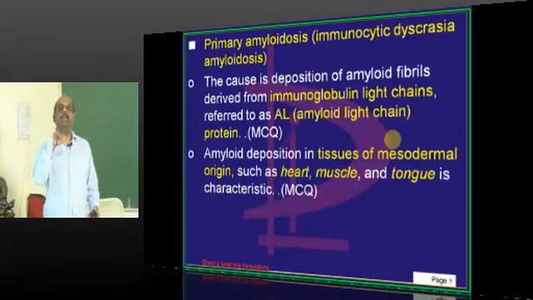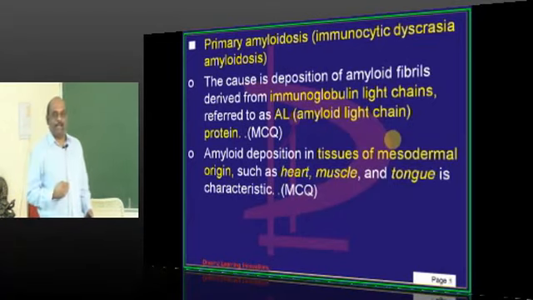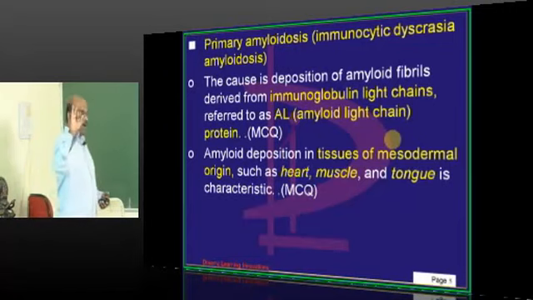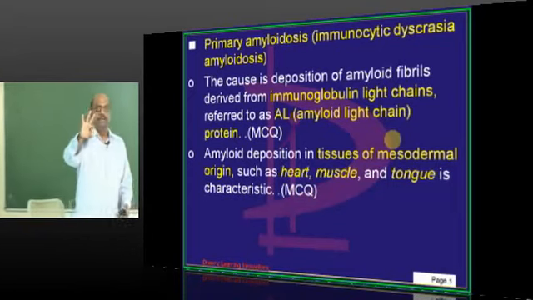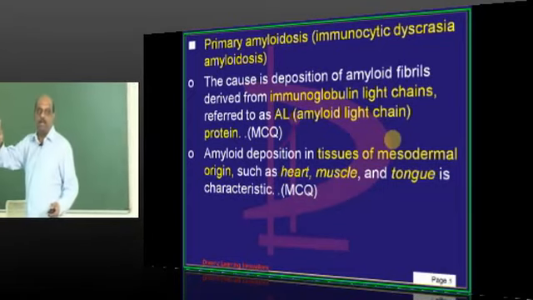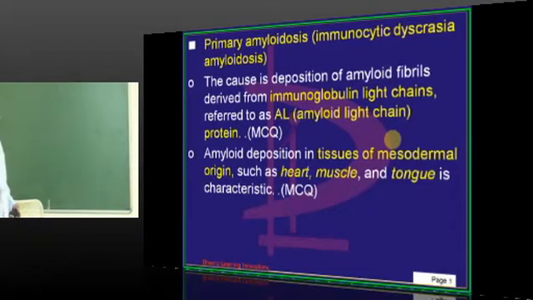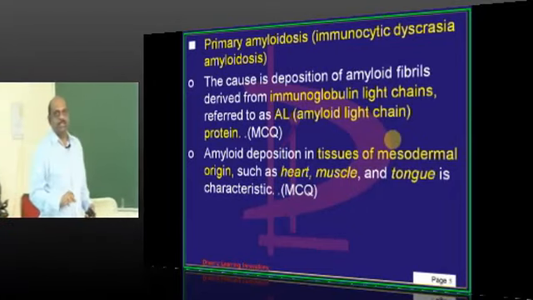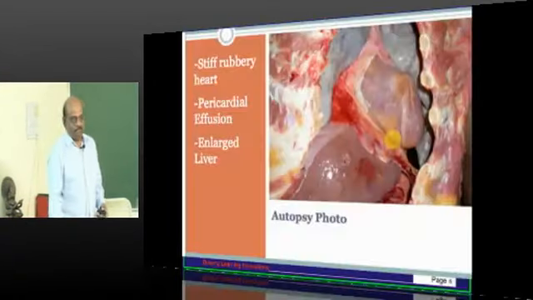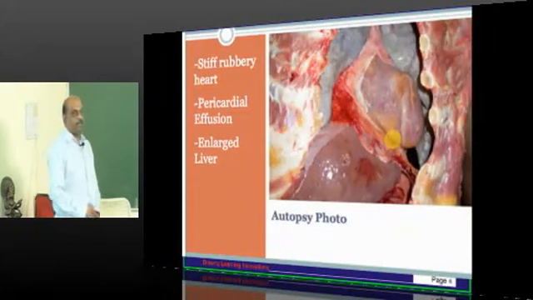If you ask the person to extend his tongue, you can see his teeth impressions on the tongue, meaning the tongue is bigger than what the mouth can accommodate. That defines macroglossia. Tongue, heart, muscle, tissues of mesodermal origin, primary amyloid will basically deposit.